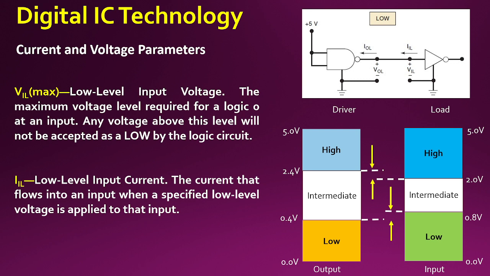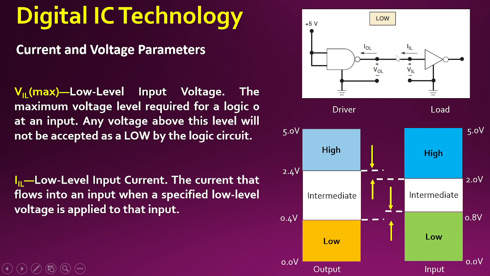Now let us look into the low level. When the output is low, the current will come from the load into the driver system. So in this case, if we consider the input side of the load, then we will have an IIL. IIL is the low level input current, the current that flows into an input when a specified low level voltage is applied to that particular input.